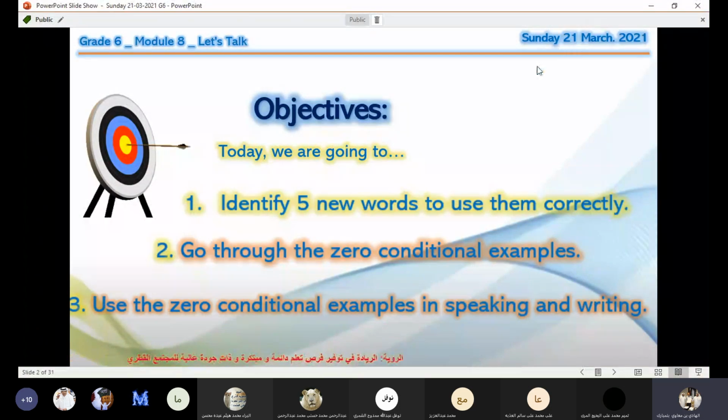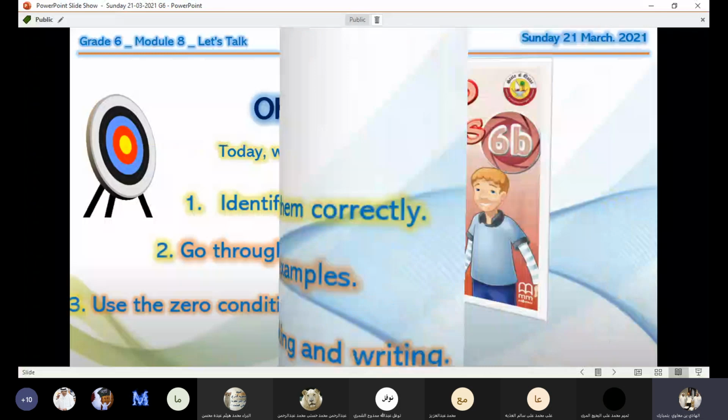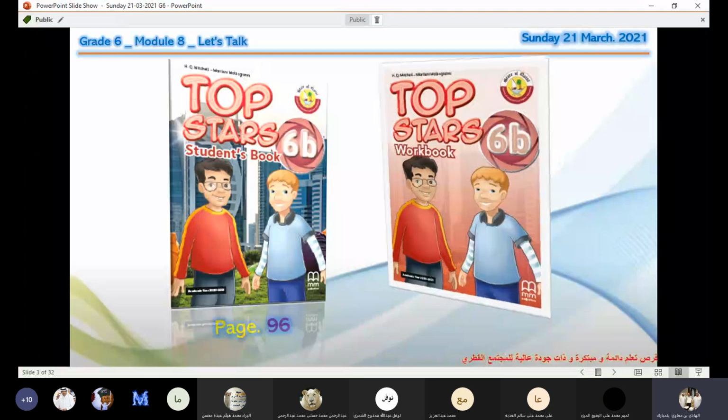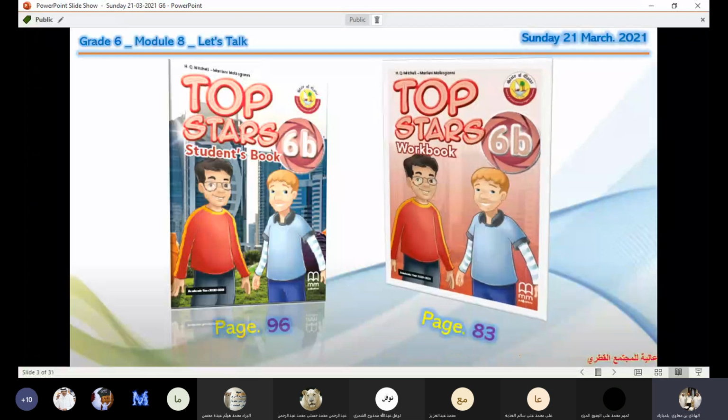So these are the 3 learning objectives of today's lesson. Great. Very good. I want you to open your student's book on page 96 and your workbook on page 83. Okay, guys?